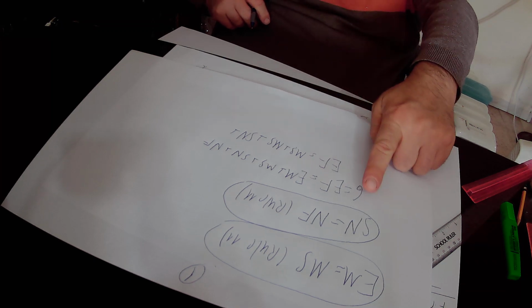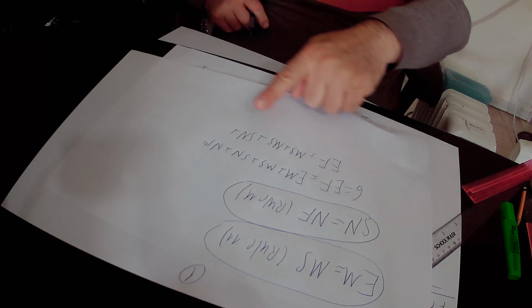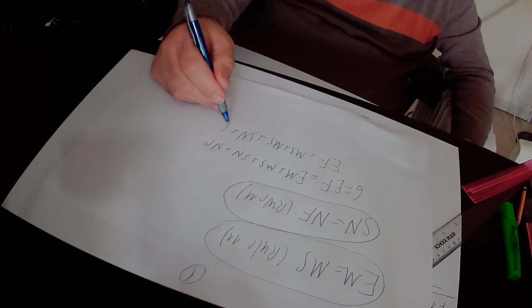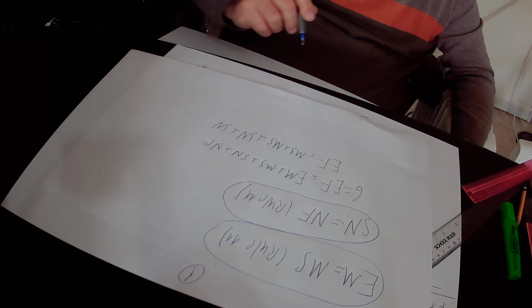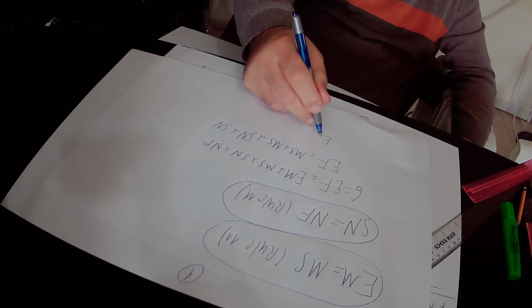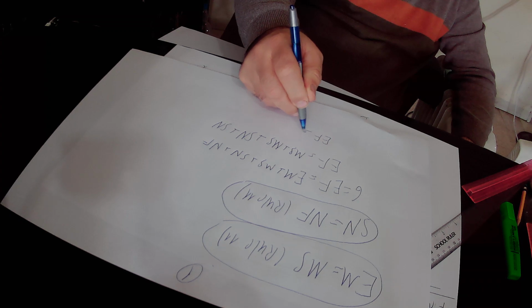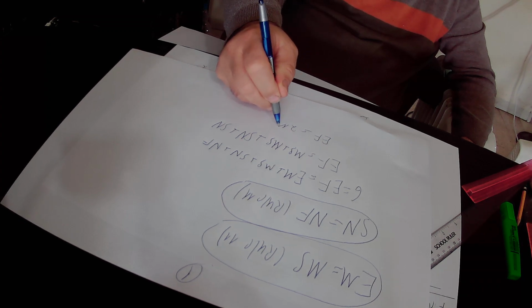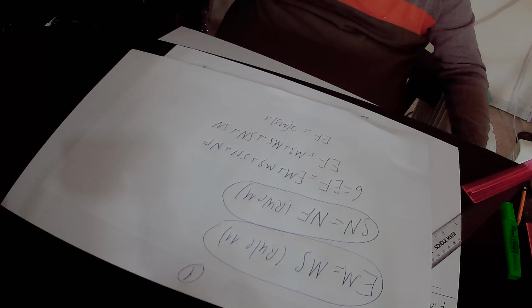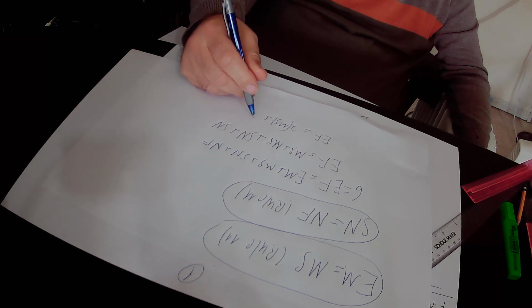But NF equals SN, so we can substitute NF by SN. So in conclusion, we found that EF equals MS plus MS, which is 2MS, plus SN plus SN, which is 2SN.